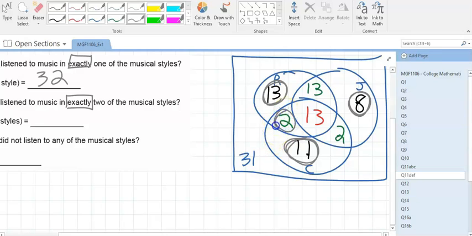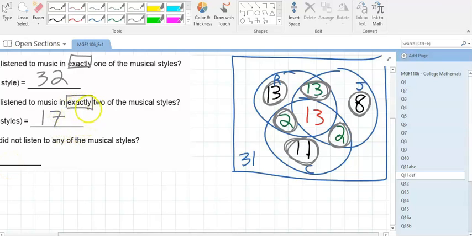Okay. So this is exactly 2. Anybody else? And the 13 up above, the other green. So all the green numbers are exactly 2 styles. So we add all those up. What's 13 plus 2 plus 2? 17. Good.